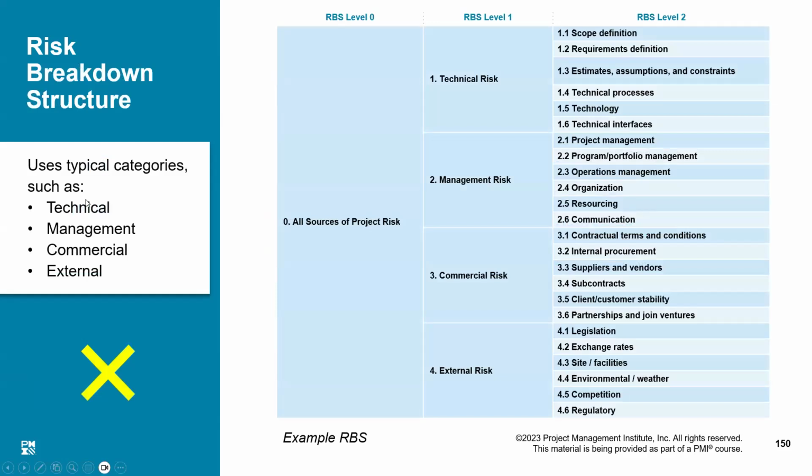This is an example of a risk breakdown structure where we have broken down our risk into various categories like technical risks, management risks, commercial risks, external risks, and maybe a few more. Under each category, we will create a subcategory. For example, under technical risk, we say there might be technical risks regarding scope definition, regarding requirement definition.